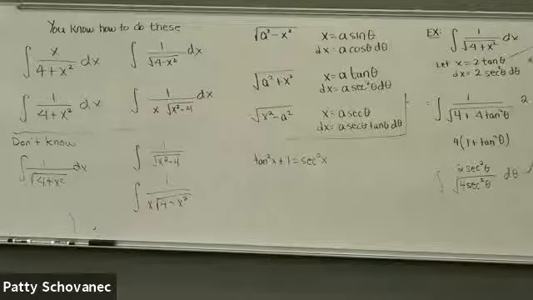Now let's substitute it in and watch the magic happen. So this x becomes 2 sine of theta. Under the radical sign, I'm going to have 4 minus 2 sine of theta squared. It's going to give me 4 sine squared theta.